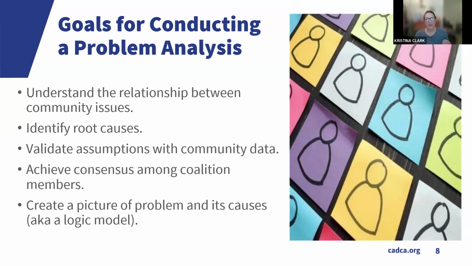You've already done some of that most of the time in your needs assessment, but sometimes there's some low-hanging fruit there that we still need to work on. It allows us to validate what we're seeing in the community data with a group of people, get consensus among our members, and create a picture of the problem and its causes. And that's what will become the logic model. I love problem analysis for its consensus building as well.